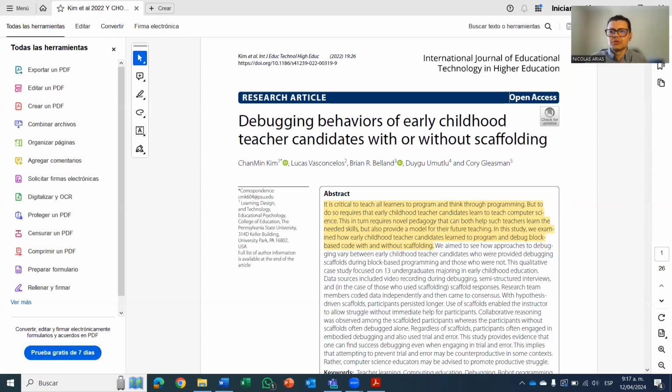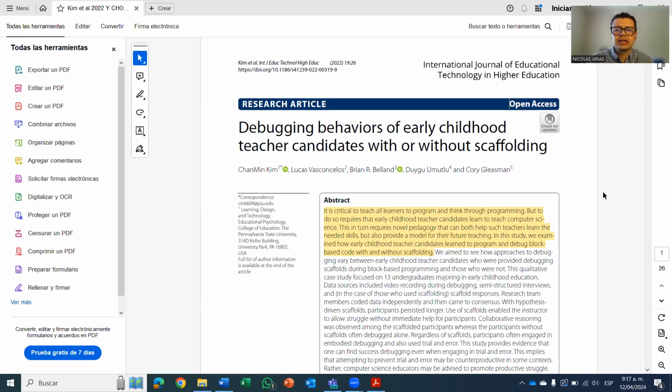This is the first article. As I presented in previous videos, this is about debugging behaviors of early childhood teacher candidates with or without scaffolding. They begin in the abstract saying that it is critical to teach all learners to program and think through programming.